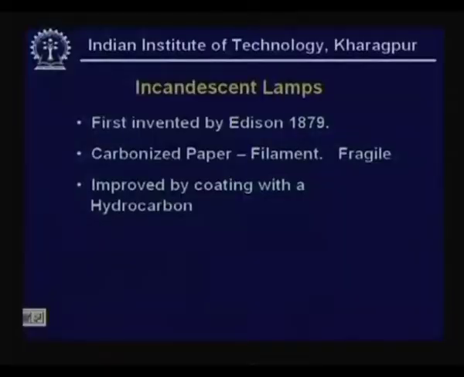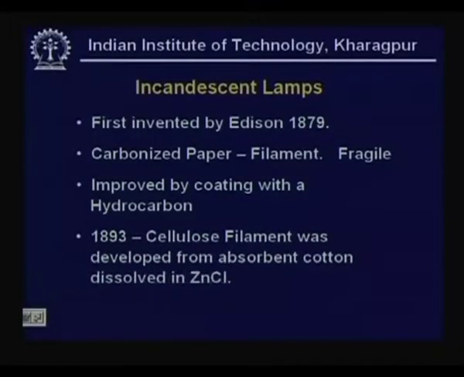It was probably in the year 1893 that the cellulose filament was developed, by dissolving absorbent cotton in zinc chloride. So, this is the process through which the lamp went.